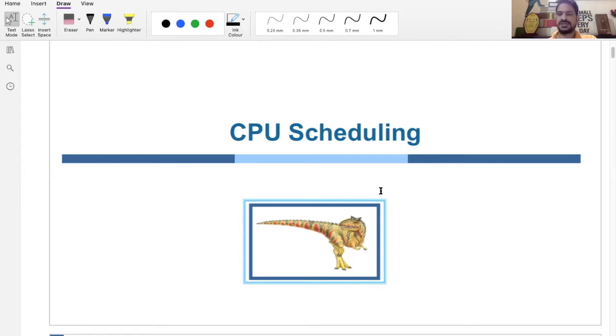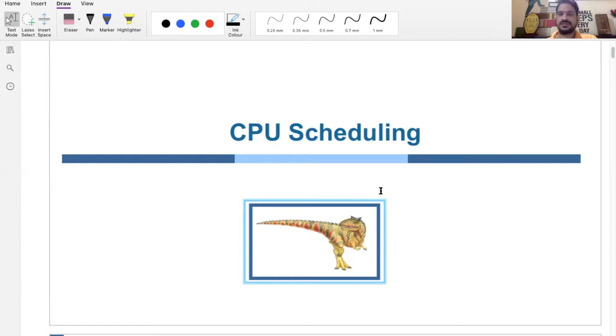It will manage it to find out which process will get the CPU, which process will exit from the CPU, and how much time the CPU will be provided for a particular process.